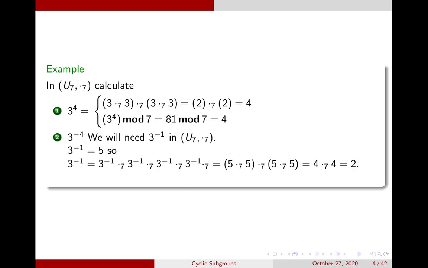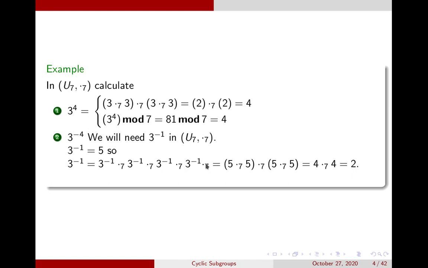So 3 to the minus 4, a little typo here, would be 3 inverse times sub 7 3 inverse times sub 7 3 inverse times sub 7 3 inverse.